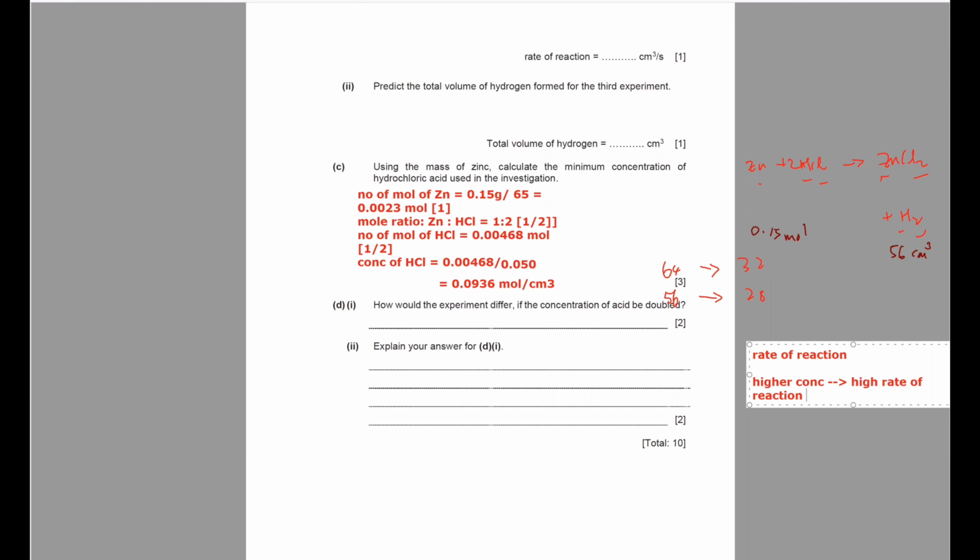If we translate it to a reading in the graph, that means the initial gradient of the graph will be steeper.